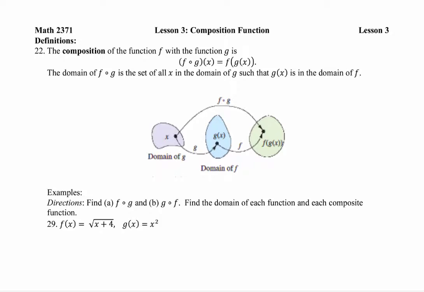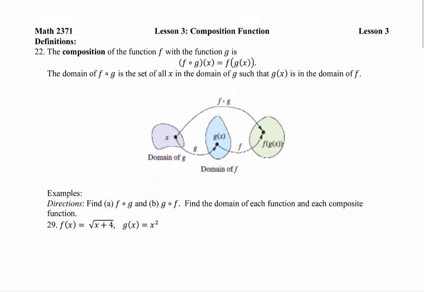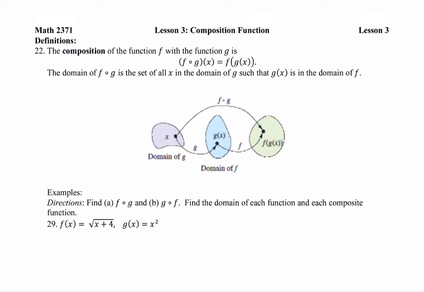And that is what composition of functions means. If you have f of g of x, that means you put g inside of f. If you have g of f of x, then that means that you put f inside of g.